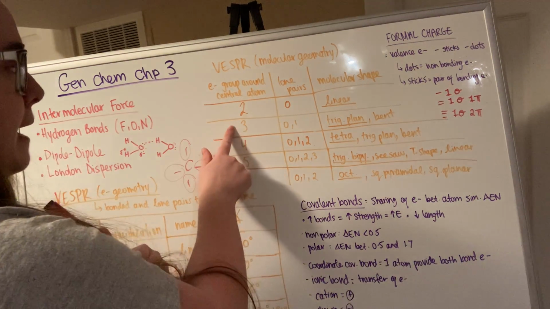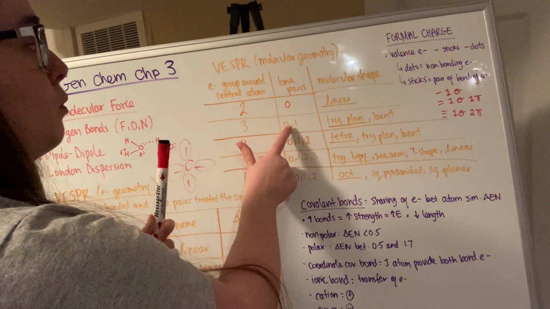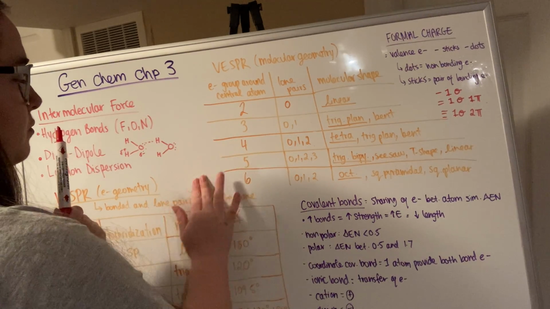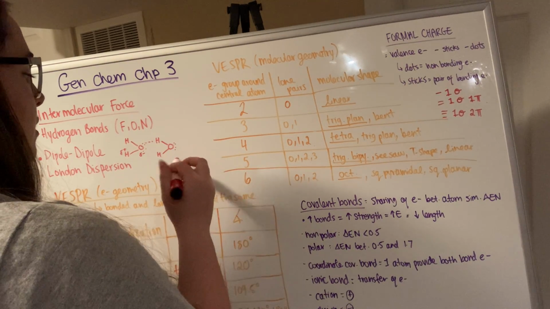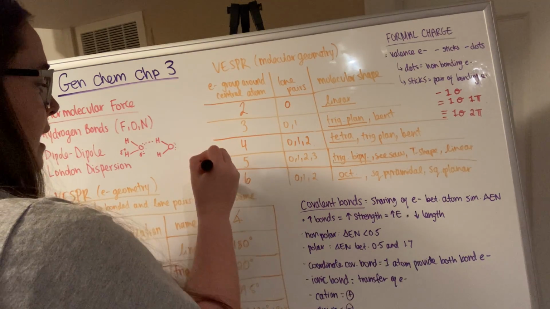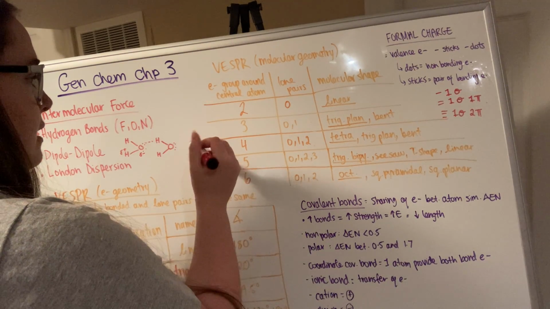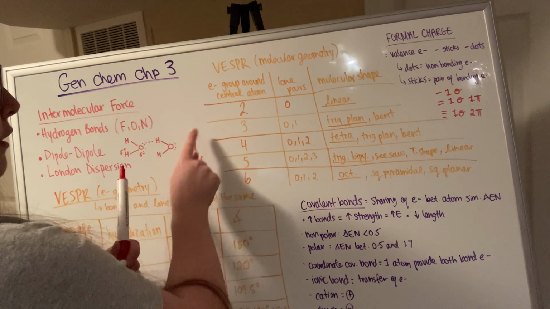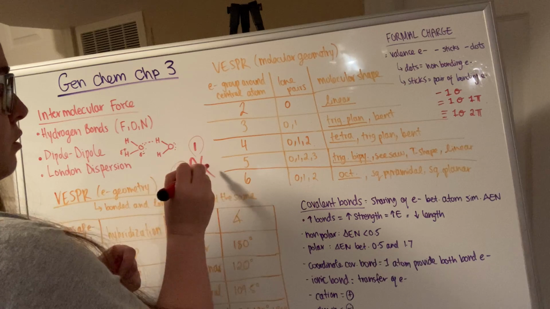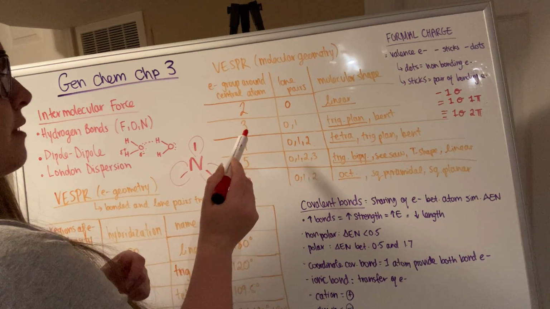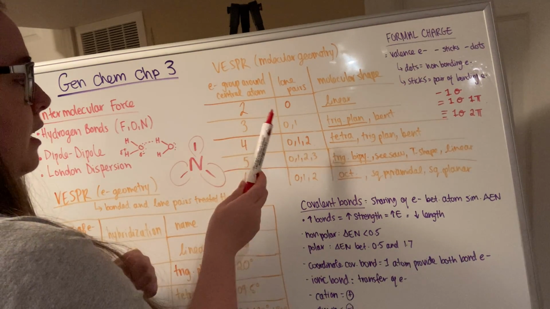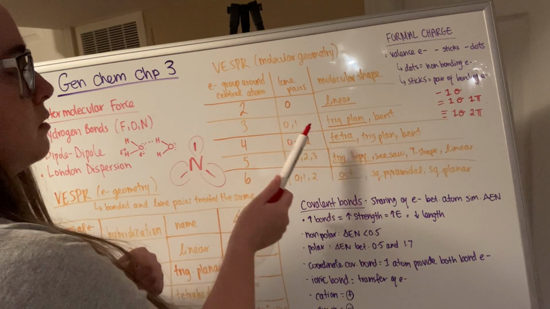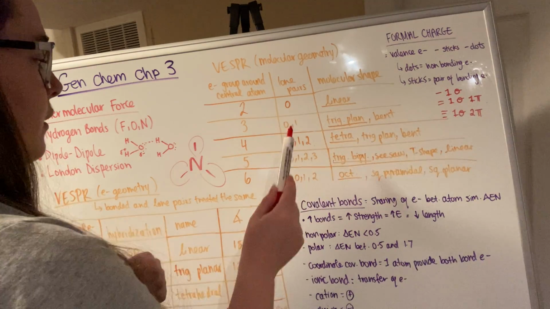So then we have 3 regions. If we had nitrogen, with 3 areas of electron density, 1, 2, 3, and no lone pairs, then that would be trigonal planar.